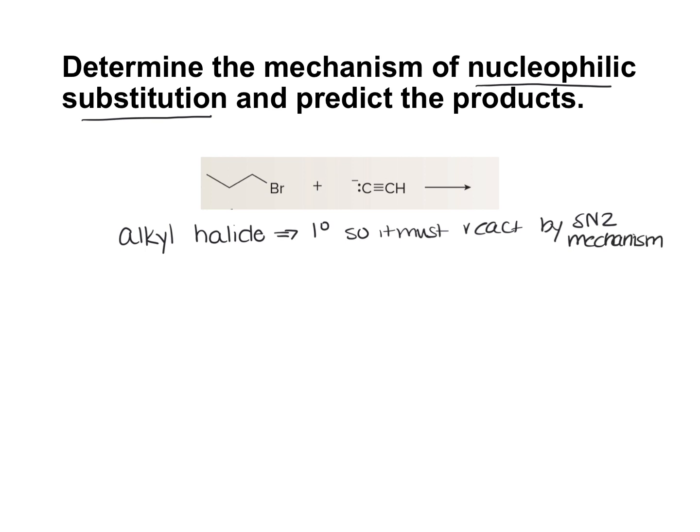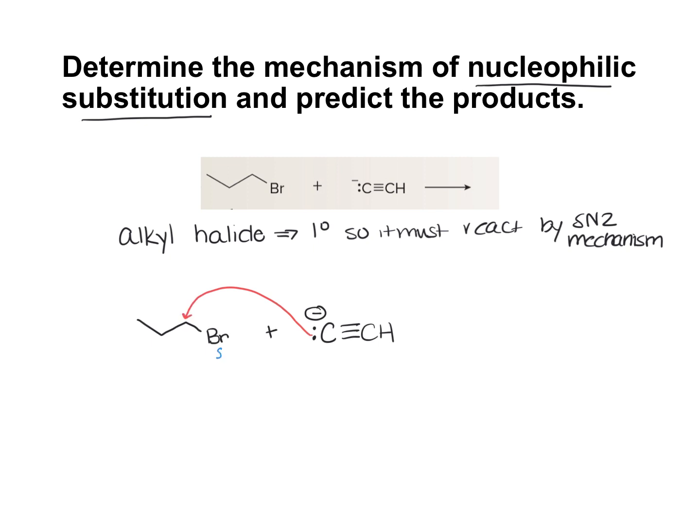So now we're going to show that mechanism. When you show a mechanism, you need to rewrite the reactants. You don't have to put the plus, but you absolutely can. And we want to show that these electrons are coming here to attack that partially positive carbon.